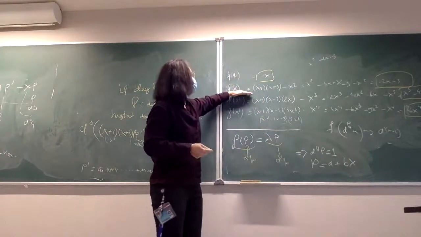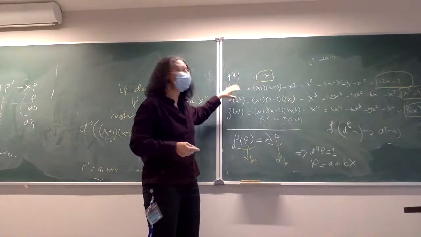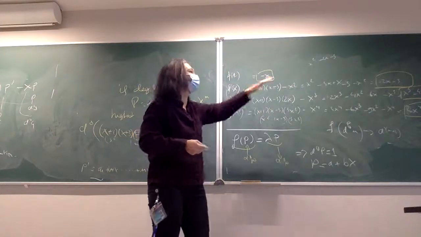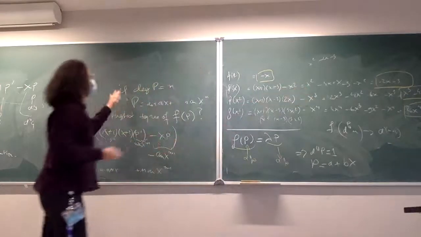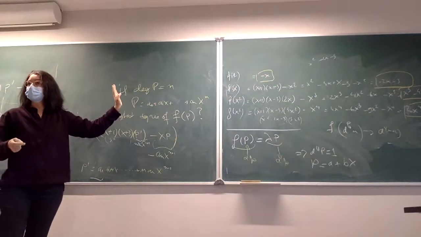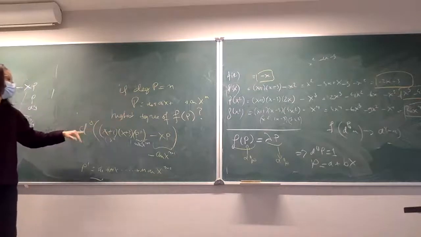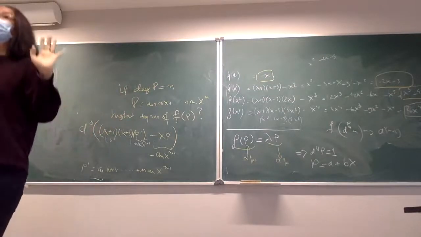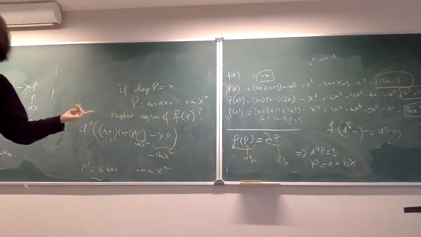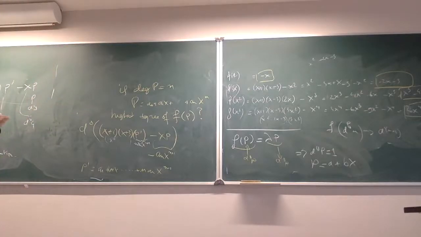This is what we got in the first examples. Except for this one, if I plug in degree 2, I get degree 3. If I plug in degree 3, I get degree 4. Let's say I plug in something of degree n. Let's see what the degree of the image is in general. So we have to prove it. But on the right side, you wrote minus An x^(n+1).